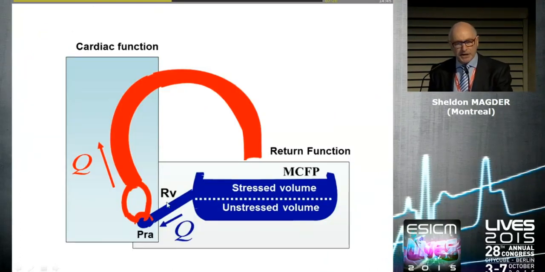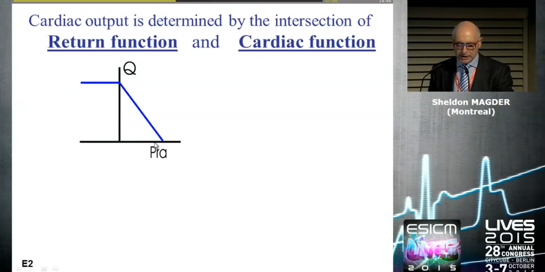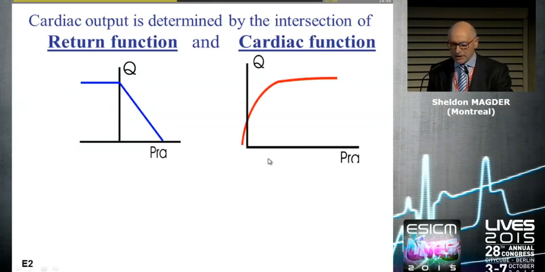So we have a cardiac function, Starling's law, and a return function, which is the characteristics of drainage, depending upon the stressed volume and the resistance draining them and the downstream pressure. The return function is drawn with a classic Guyton venous return curve and the cardiac function as a Starling curve.